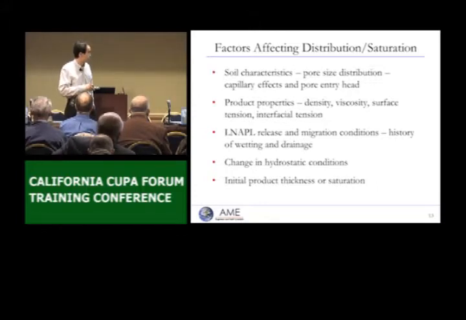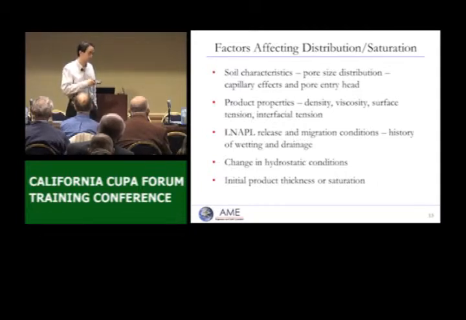Also, studies indicate saturation is not something fixed for one type of soil or a set condition. It changes depending on the initial product thickness. There are many studies indicating, I should say it the other way, the residual saturation in pore space is sort of proportional to the initial product thickness.